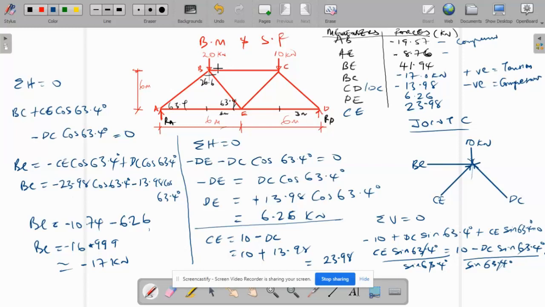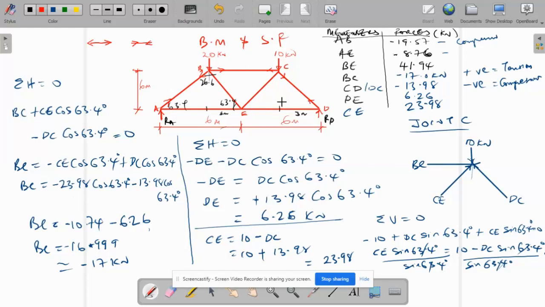So with the values we've gotten so far, you can see this is tension while this is compression. AB is negative, compression. BC is negative, compression. CD is negative, which is still compression.